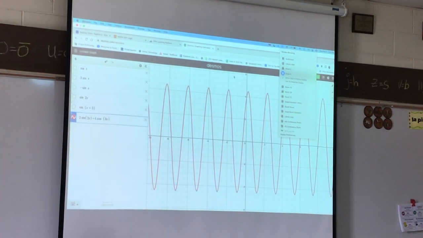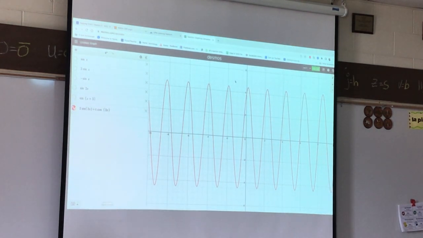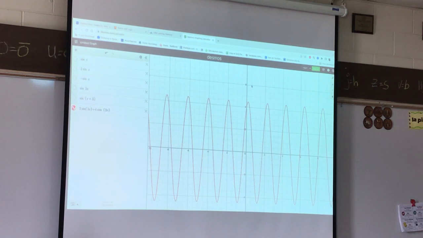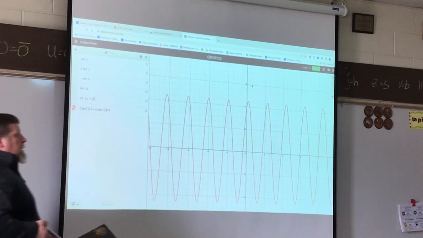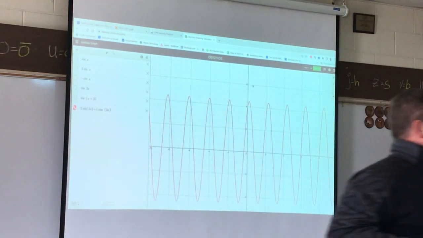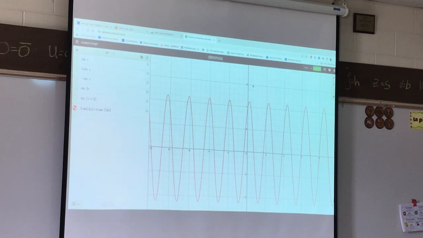Graph it. We're going to call this a sinusoidal wave because it looks like a sine wave, but it's modified.